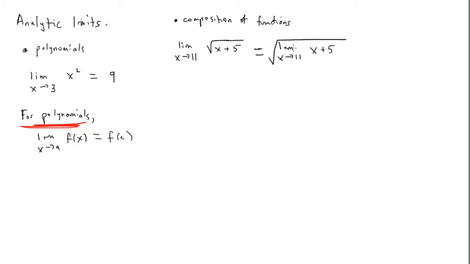That's kind of special that this will work, but it makes things pretty easy to compute because the thing inside is a polynomial. It just happens to be a linear one in this case. And so as x goes to 11, x plus 5 goes to, well, what do you think? 11 plus 5 is 16. And then we take the square root of 16 and we get 4.